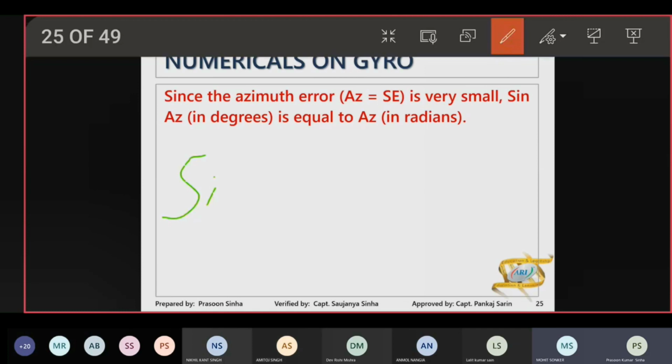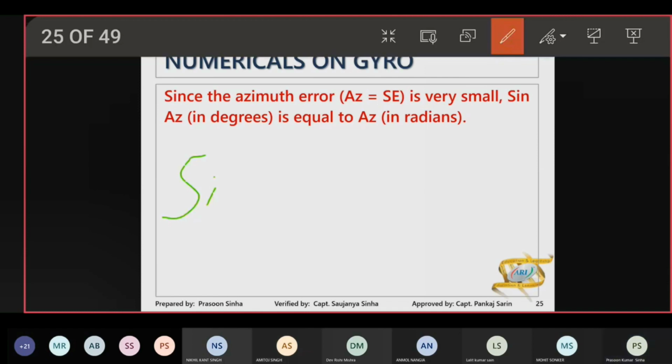So it is coming to about 1. Ultimately, what we are trying to say is that when the angle is very small, as with SE, the steaming error, we get SE in radians and the value is the same, because 1 degree in radians converts back to the same 1 degree value. That means we can directly take SE: we can remove the sine and directly write azimuth is equal to V cos course by 900 cos lat.